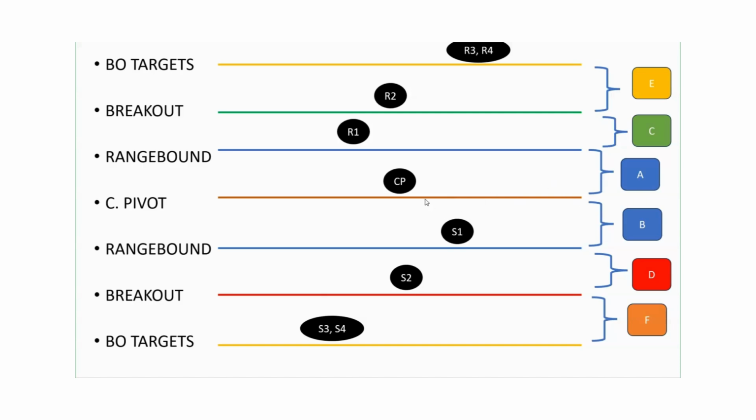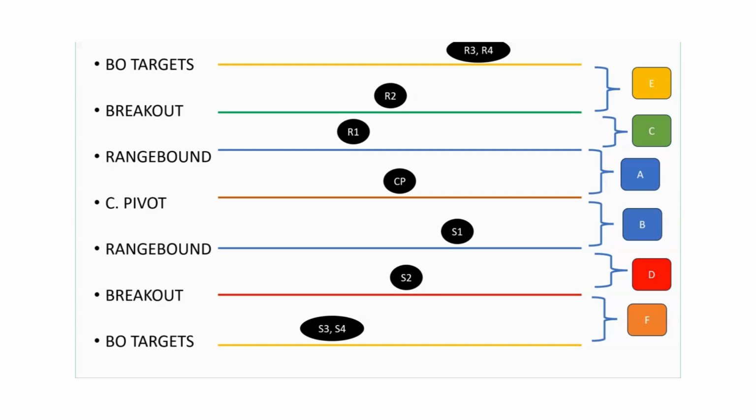So it is actually acting as a pivot. Above that is the resistance one, and below that is the support one. The function of this resistance one and support one is that they tend to keep the price range bound.